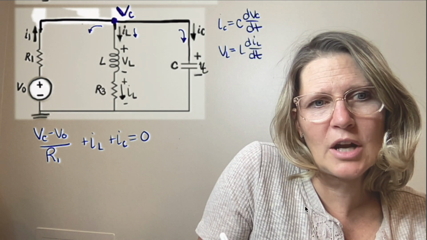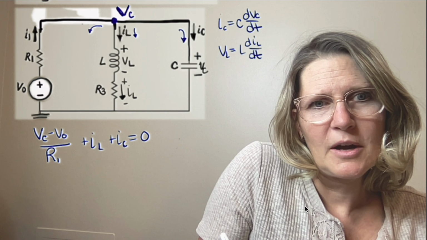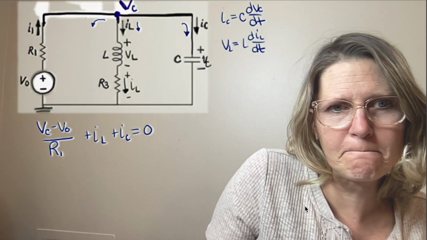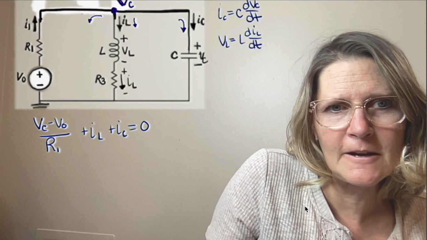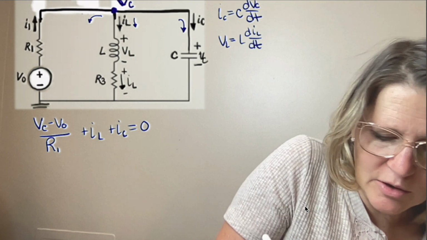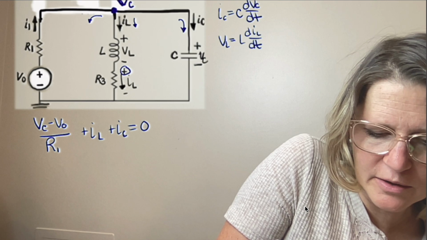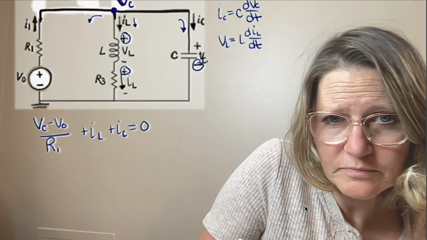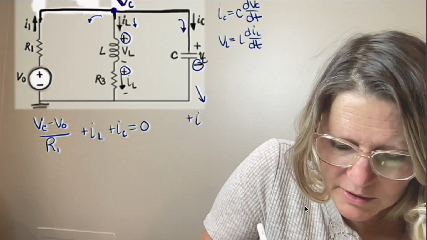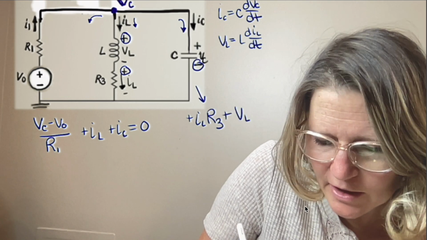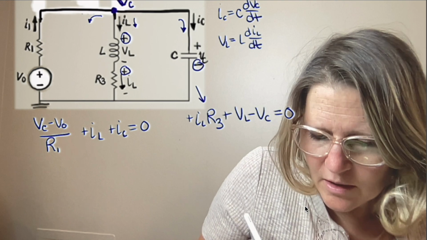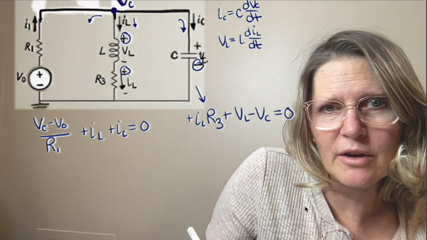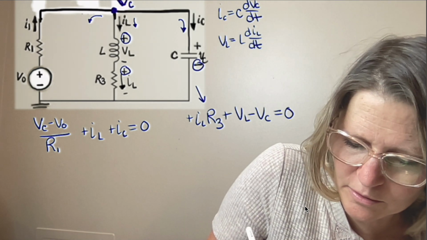I know that I can also do a voltage loop. If I take a voltage loop through the inductor and the capacitor, that gives me a relationship between VL and VC. So if I take a plus ILR3, a plus VL, and then a minus VC, that equation gives me plus ILR3 plus VL minus VC. Here I can substitute in VL, and I have VC in terms of IL.